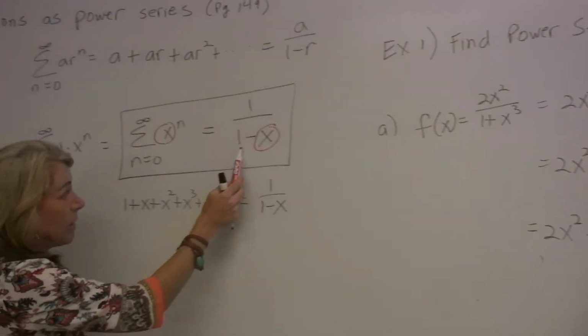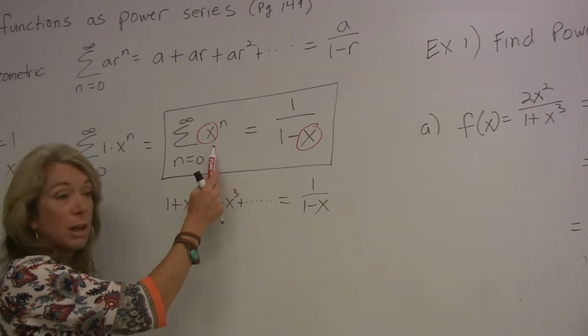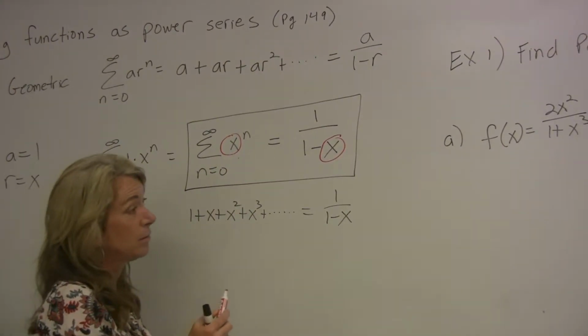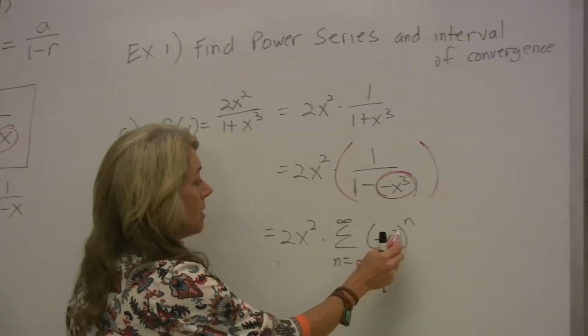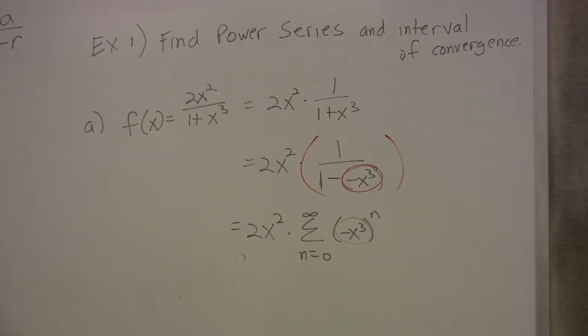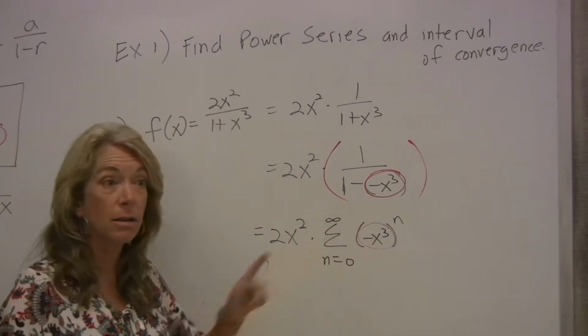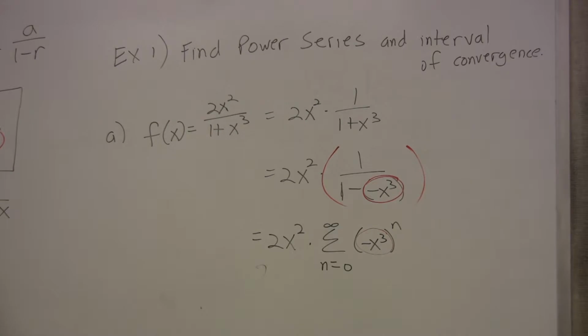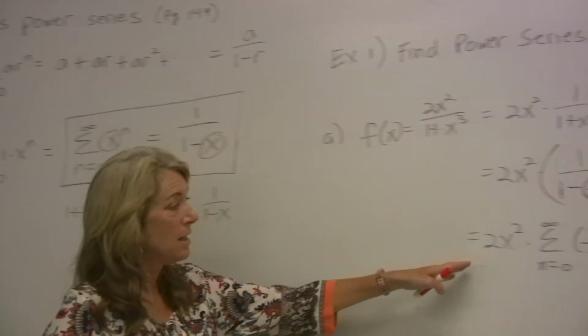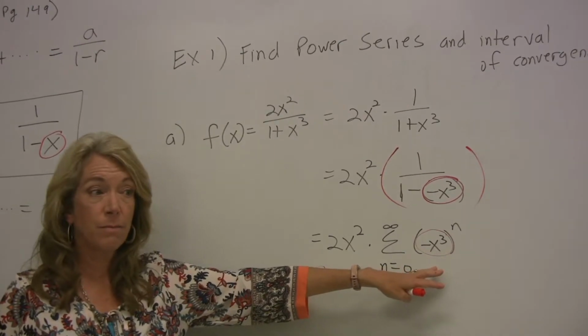Just like here, whatever comes after my subtraction is what gets raised to the n. It's following a format. This expression in here is the same as that expression there. If this had been a picture of a cat right here, I would have put a cat right there. Whatever's in there. So I have 2x squared times this series.